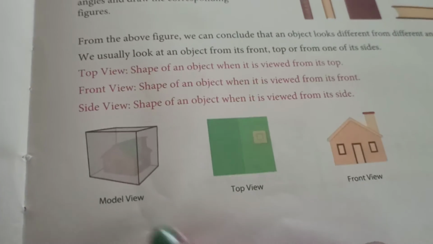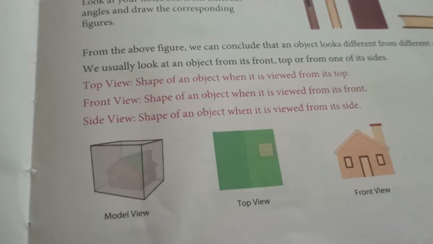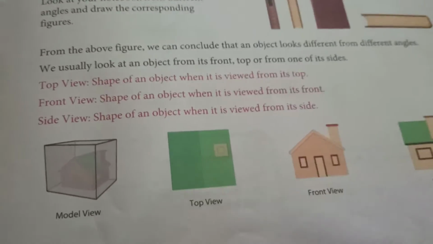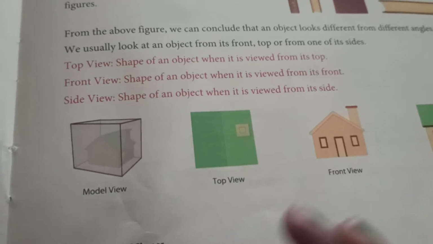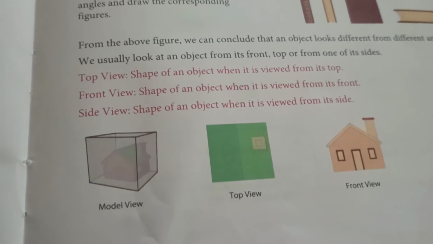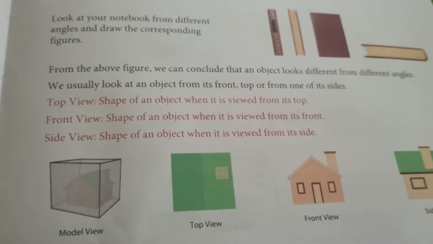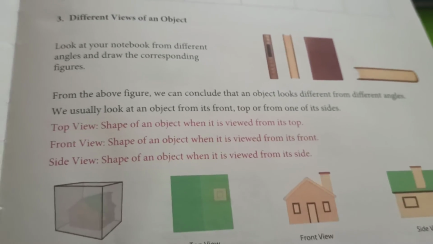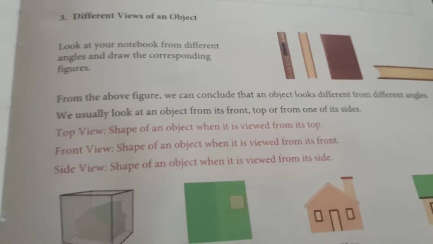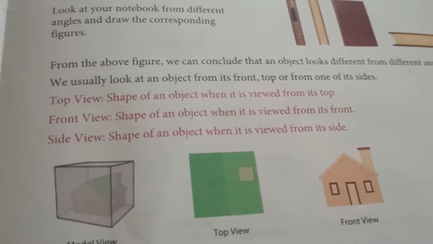If you are observing it from the front, then it is known as front view, like this of your home. And when you view it from the side, like this one, then it is known as the side view of the object. Right beta? These are the three different views of watching objects.